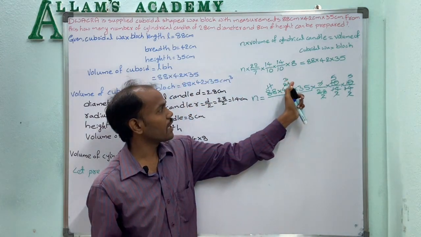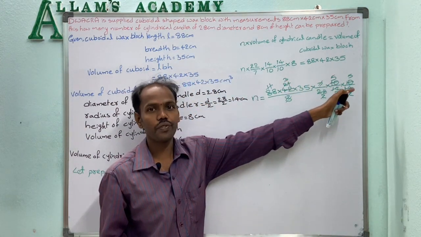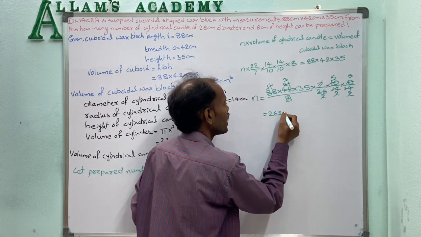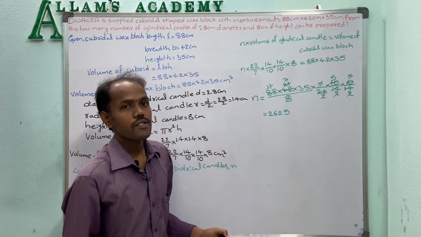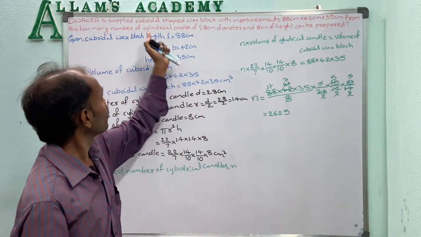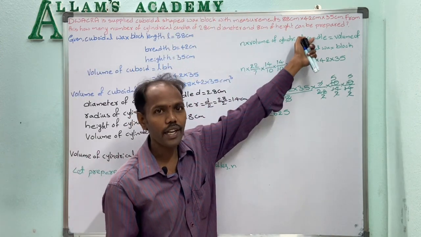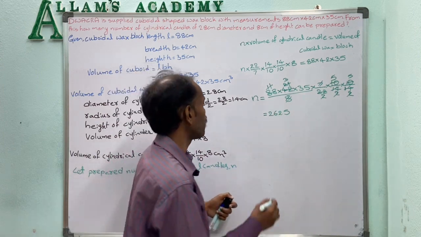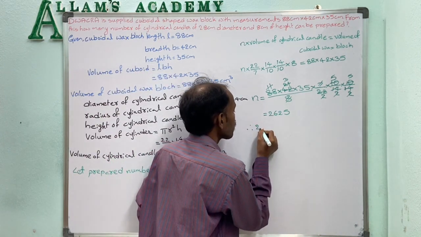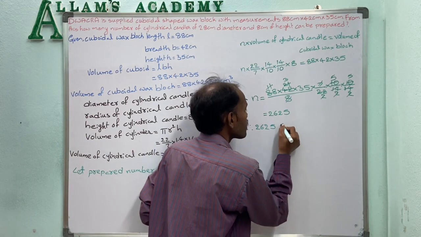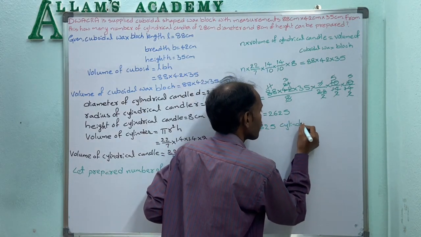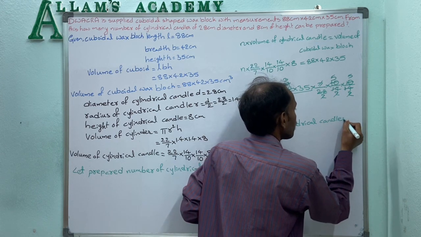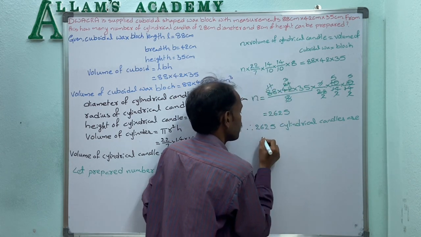So 3 into 35 into 5 into 5. Now that is nothing but 2625. So here how many cylindrical candles are prepared from that wax means 2625. So therefore 2625 cylindrical candles are prepared.